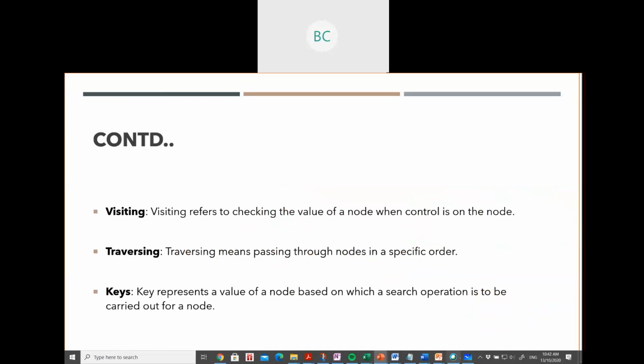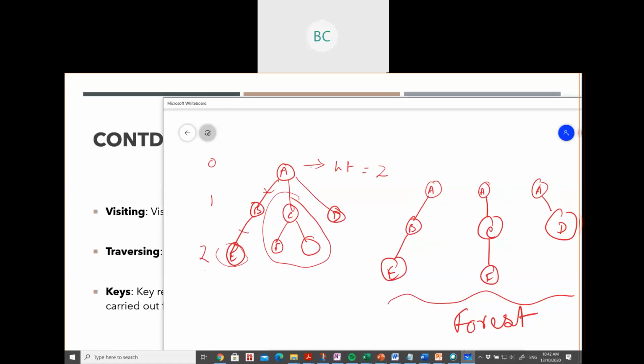Suppose from this tree you want to traverse from A to E. So the path is from A, B, and E. Path means you have traversed the tree from A to E. You have traversed through this way.